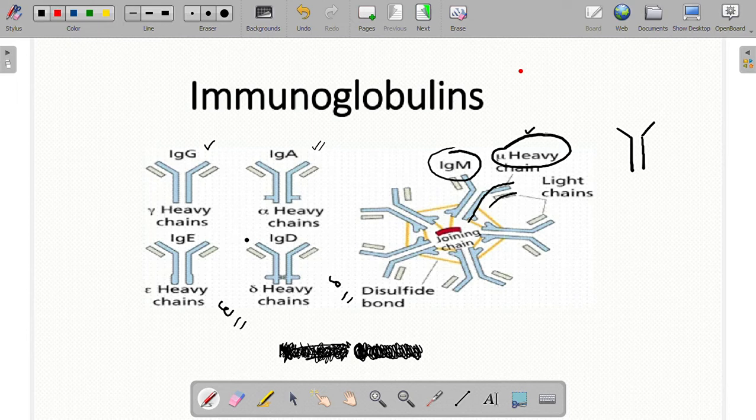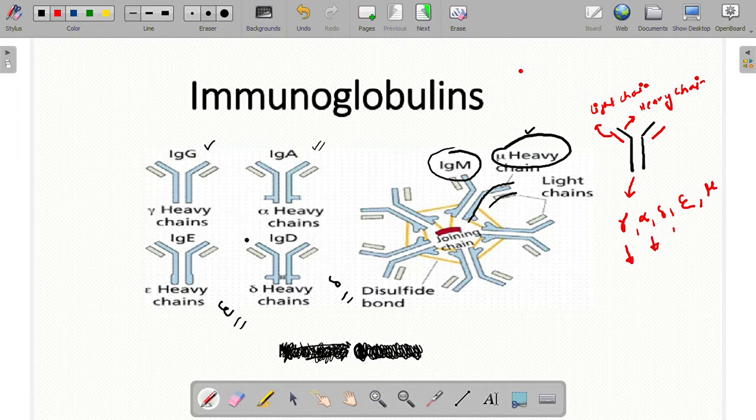So let me draw it. This is a heavy chain, heavy chain, and this is a light chain, light chain. The heavy chain is classified into gamma, alpha, delta, epsilon, and mu, and accordingly it is classified into different types of immunoglobulins.